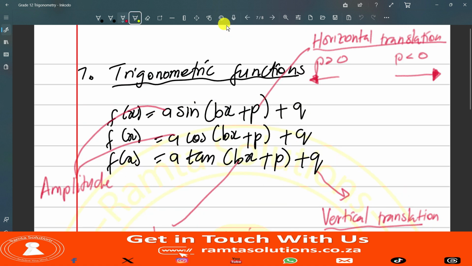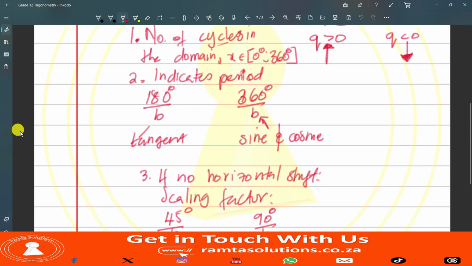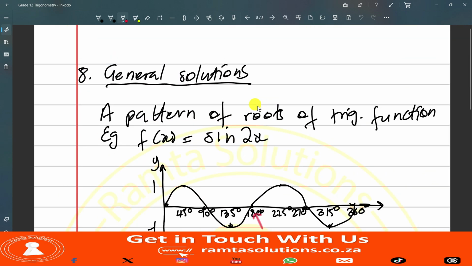Let's confirm what we said previously. You see this period? 360 degrees divided by 2 is 180. Indeed, it was 180. Plotting this with 45s somehow assists us to get a proper graph.